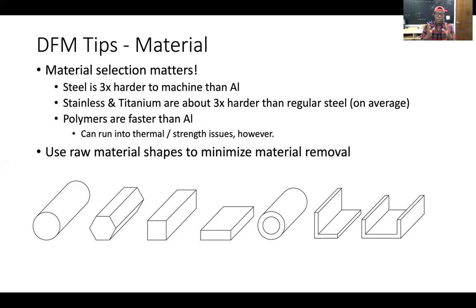It's changing the properties and the shape of that material. So we want to make sure that we use raw material shapes to minimize the material removal whenever possible. That's all I've got for you guys, and I hope you take this into account, use these design for manufacturing tips, and make it easy to manufacture your parts coming up this semester.